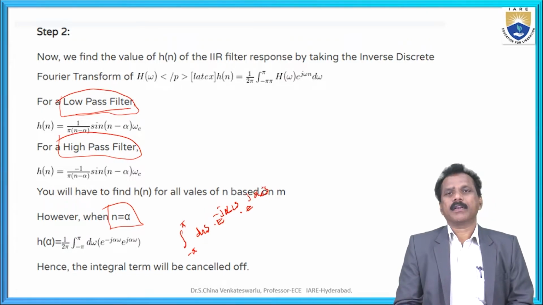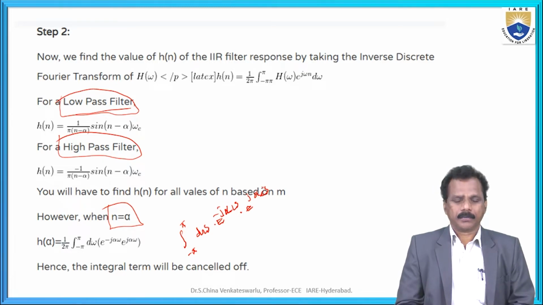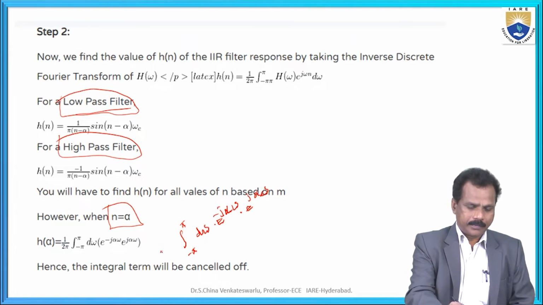Like that, when n is equal to alpha, try to calculate h(alpha) by following this.